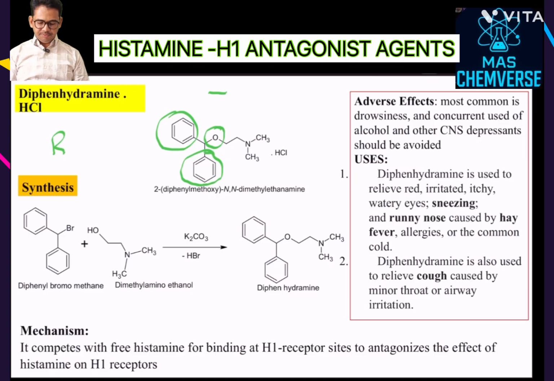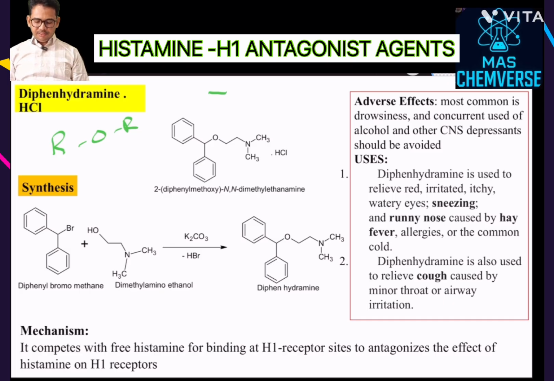Ether form means R-O-R: here you observe this R, this is the O, and this is the R, because it has the ether linkage. Okay, and it is attached to the methoxy group, OCH3.